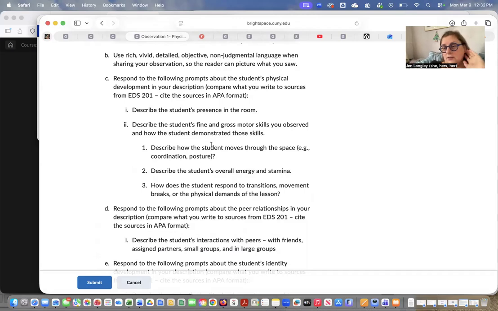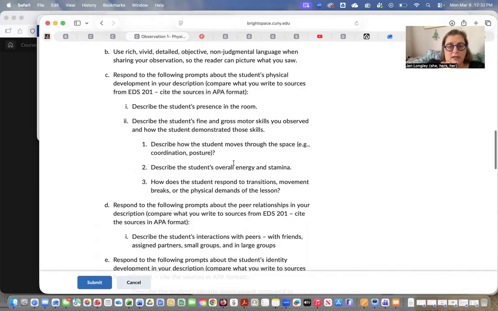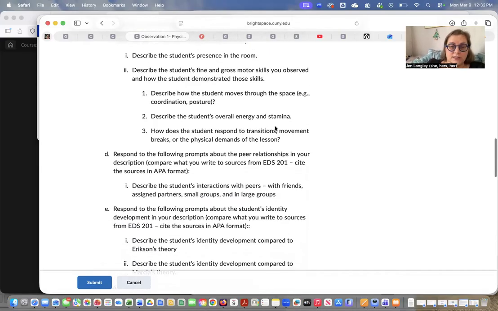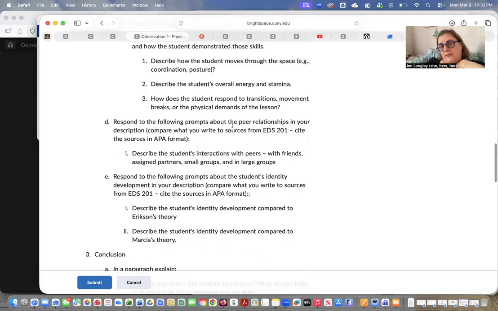Are they manipulating science equipment, or what do you see? What are they doing? How do they move through the space? Their posture, their coordination. What's their energy level and stamina? How do they respond to transitions, movement breaks, or the physical demands of the lesson? Are they putting their head down, leaning their head over? Are they slumped in their chair?